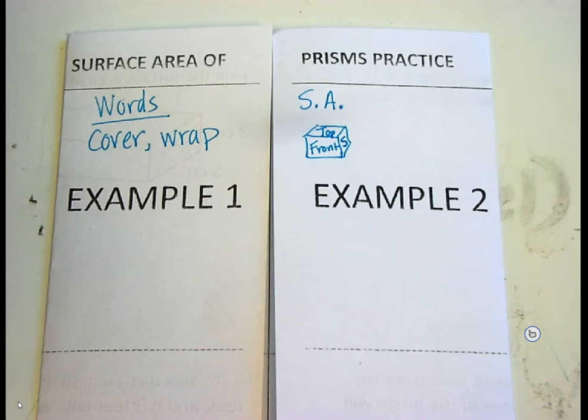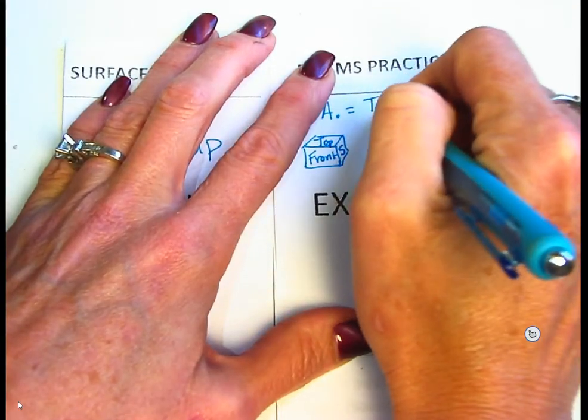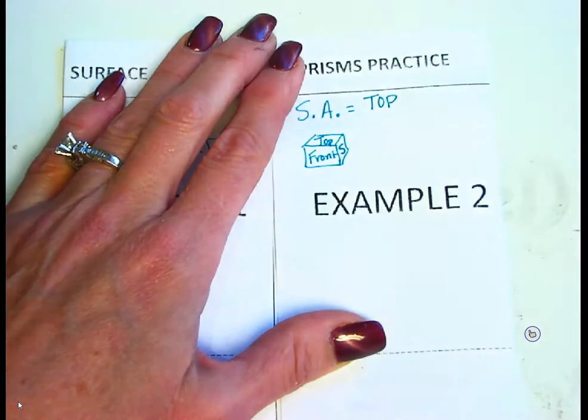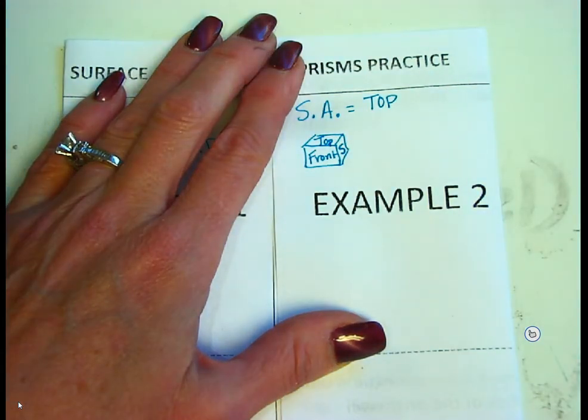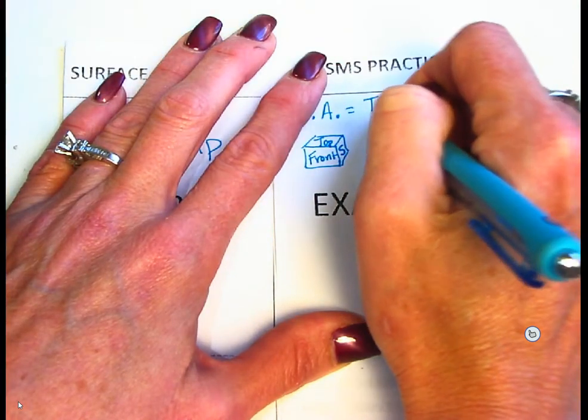I only see 3, but how many more are there? There are 3 more. Because what we have is we have a top, right? And if I have a top of a shape, I also need to have a bottom. I have a top and a bottom.